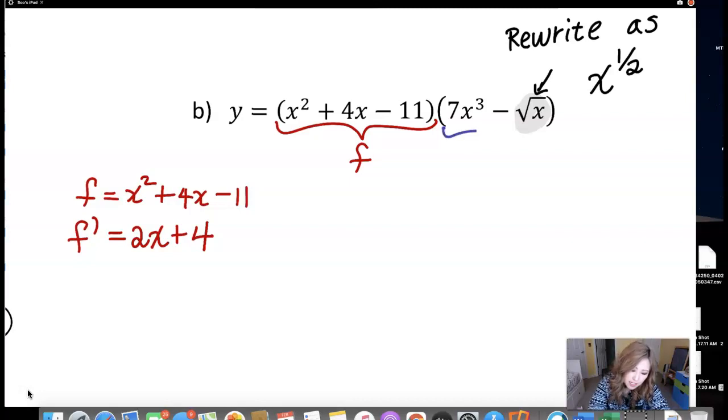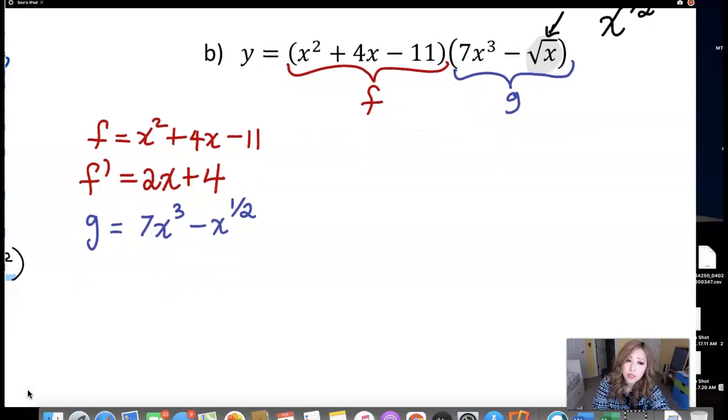And I need the second function, so I'll call that a g. G is equal to 7x cubed. But remember, instead of minus square root of x, I wrote it as x to the 1/2 power so that we can use the power rule. G prime equals, okay, remember what we do? We multiply this 3 by 7.